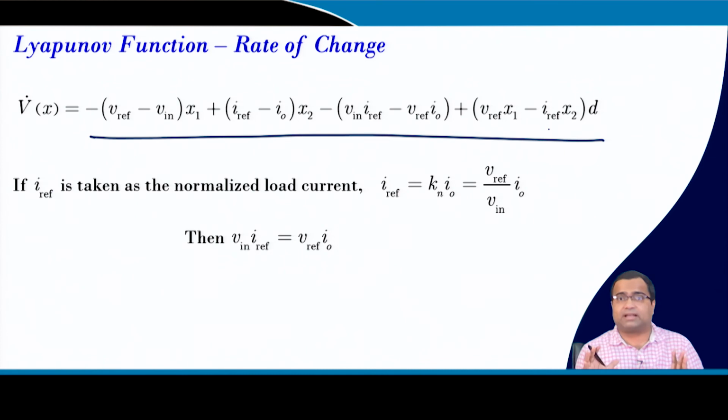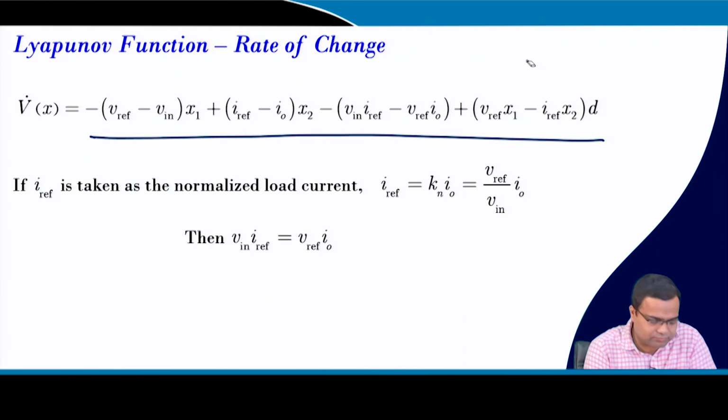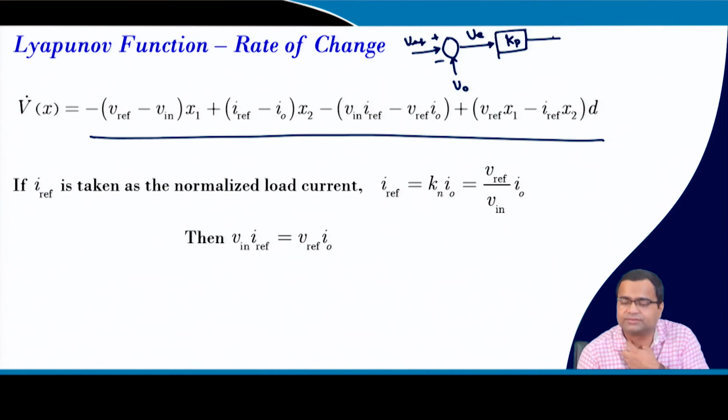Now, what is my reference current? In the earlier case, I am talking about a state feedback realization, where we have a reference voltage and this is my output voltage. So, this is my error voltage, multiplied by Kp. Here we have denoted this term to be x1.